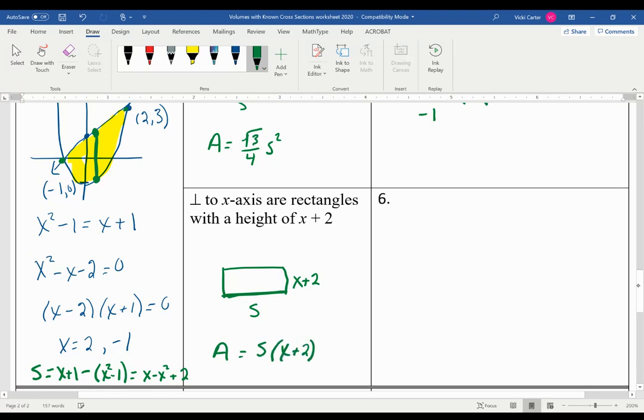So we'll use the S that we have right here to build our volume formula. So our volume is again going to be the integral from negative 1 to 2 of our area formula, which is S, x minus x squared plus 2, times the height. So this is the base, this is the height, that's the area of the rectangle, that's the thickness, that gives us the volume.